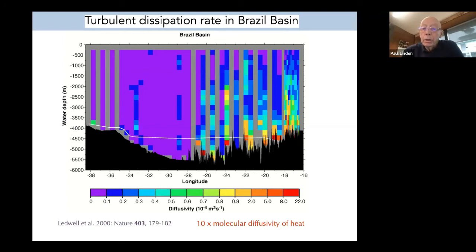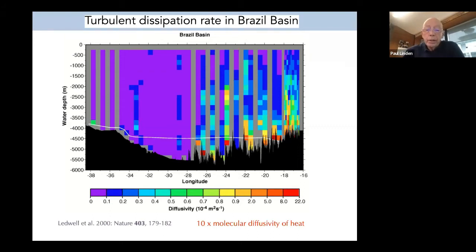Obviously in this case, much of it is concentrated near this rather rough topography outlined in black near the bottom. But you can also see relatively high rates of mixing quite high up in the water column as well. And this is one evidence of how this takes place in the ocean.